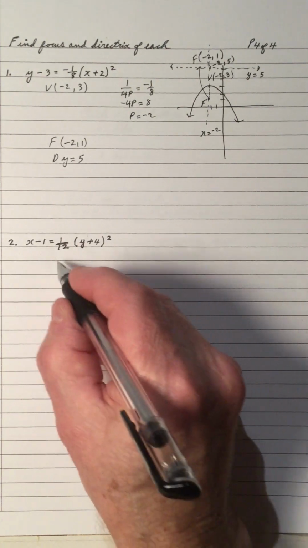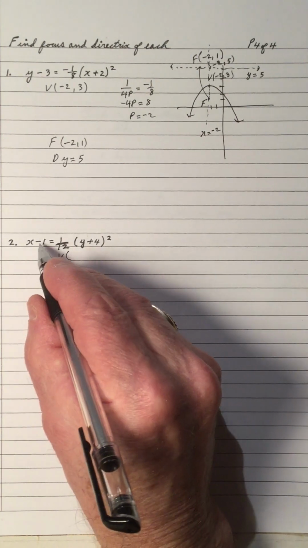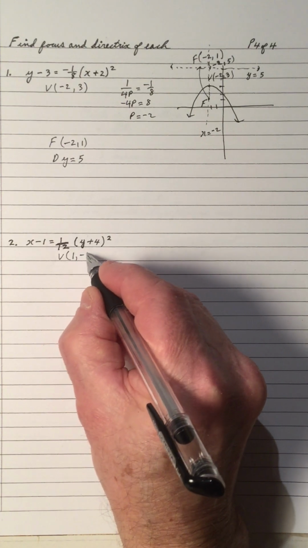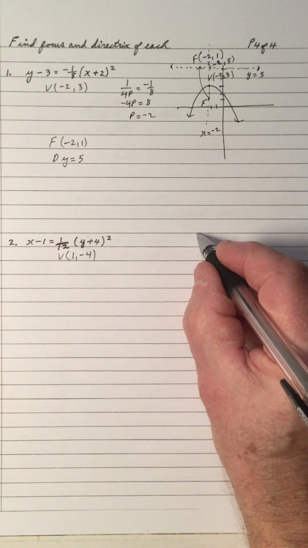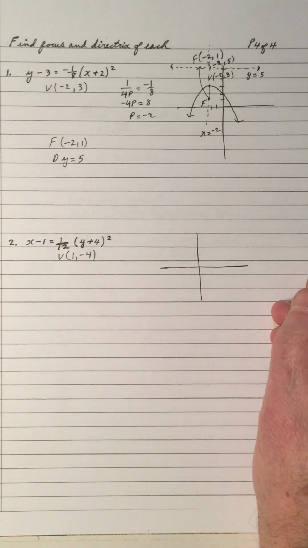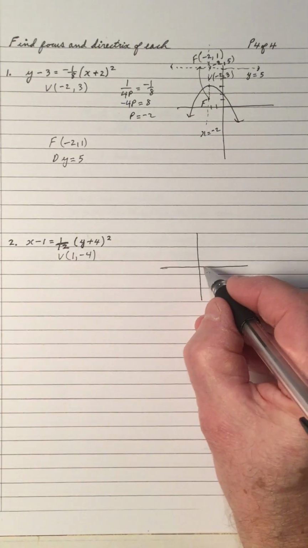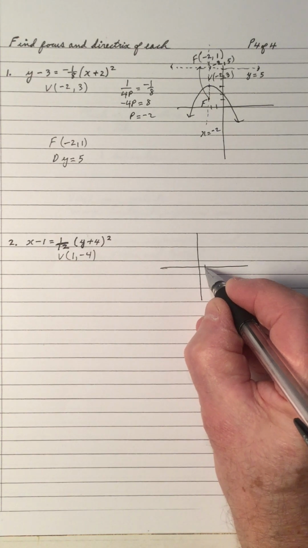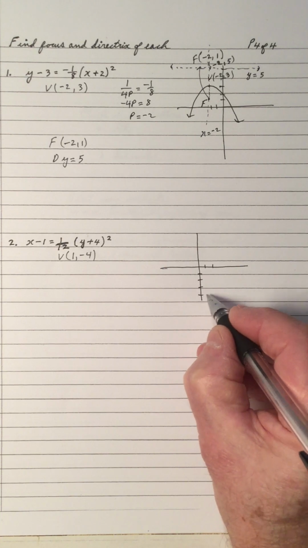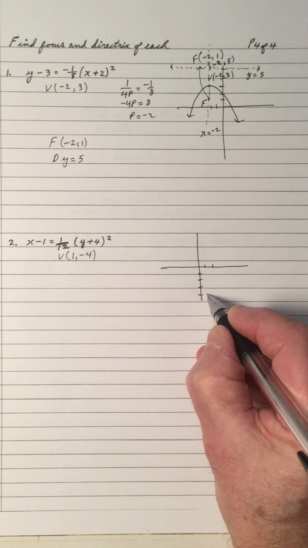Let's see, we have a vertex of opposite of -1 is 1, opposite of a +4 is a -4. And again, I like to draw what is happening. So the vertex, x is 1, y is negative 4. There it is, right here, 1, negative 4.